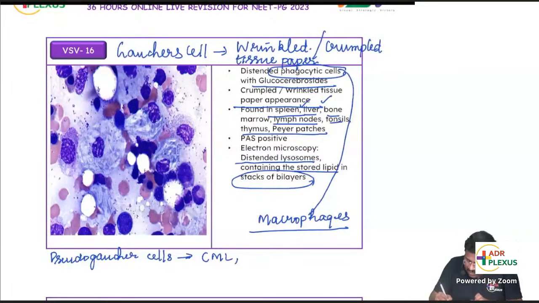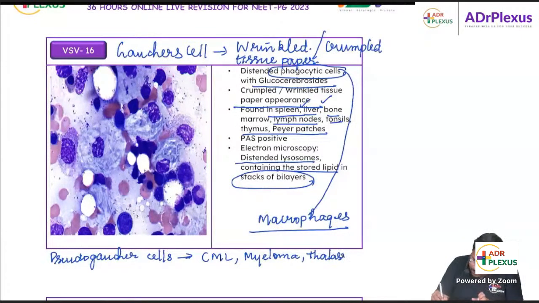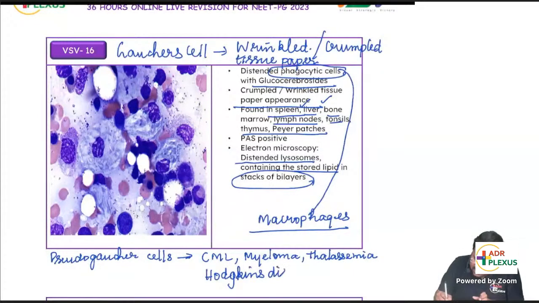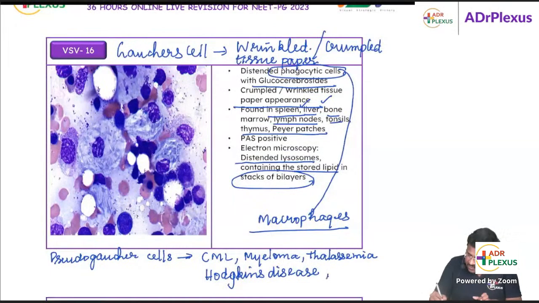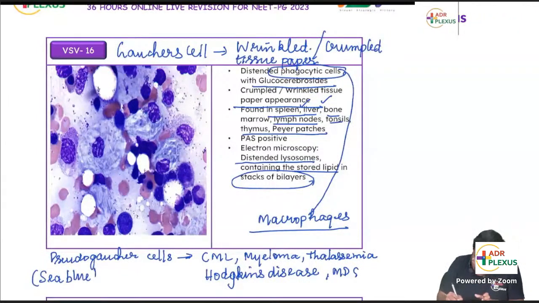Multiple myeloma, thalassemia, Hodgkin's disease. Very good, even in MDS also. And what is the other name for pseudo-Gaucher cells? Sea blue histiocytes.